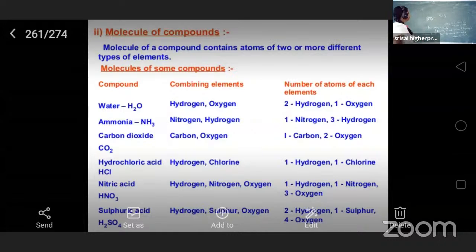For example, in HNO3, 3 elements are there: hydrogen, nitrogen, oxygen. Here also 3 elements: hydrogen, sulfur and oxygen. Hydrogen has 2 atoms, sulfur has 1 atom, oxygen has 4 atoms. So we have to understand this.